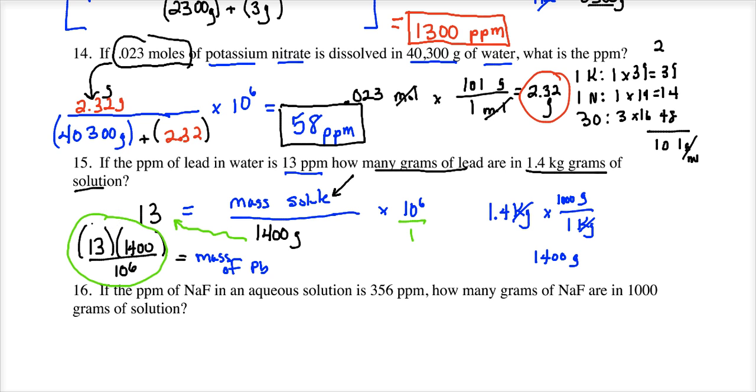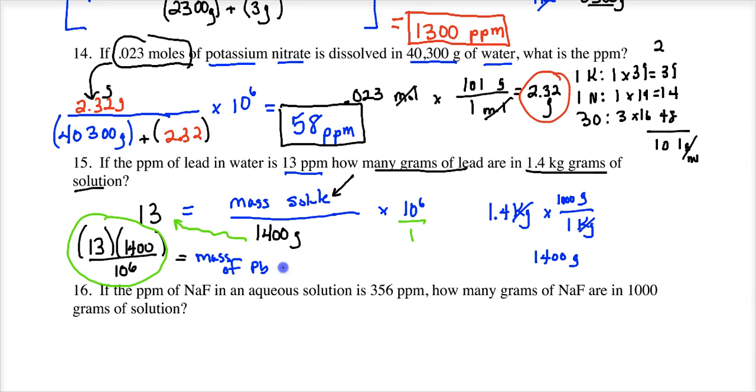So what I have here is 13 times 1400 divided by a million. Sorry, I'm just going to multiply that.